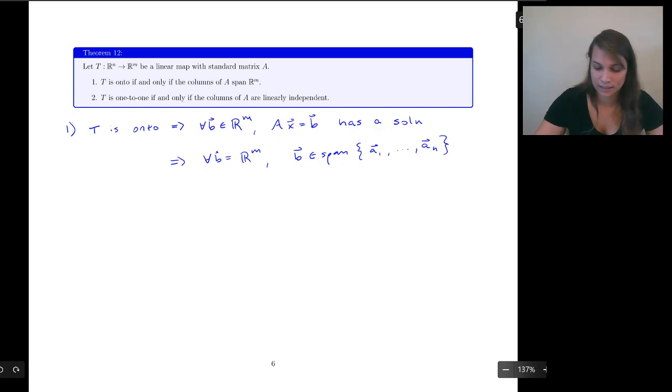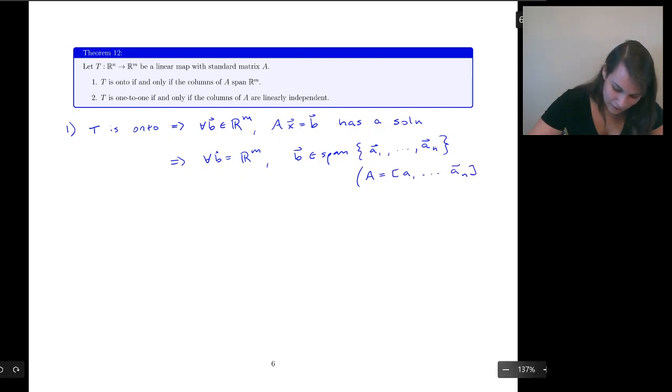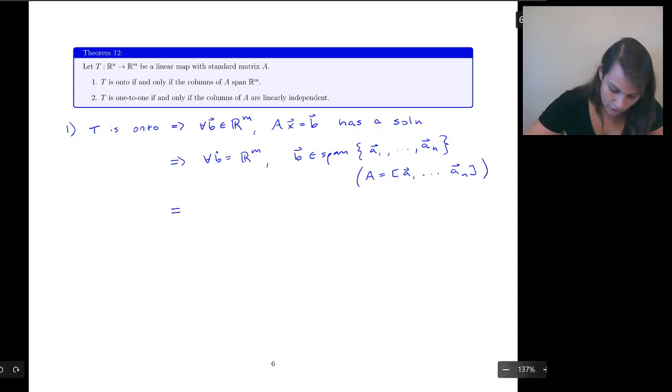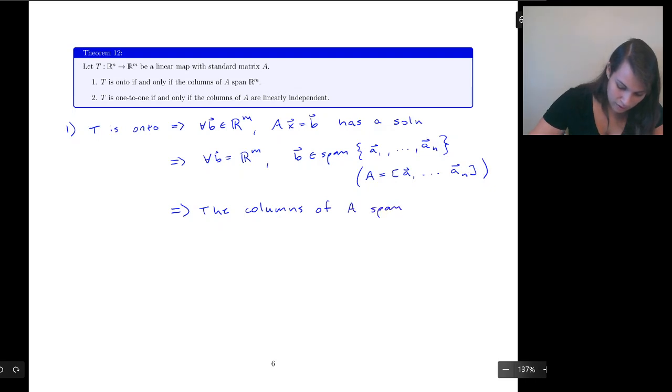Where I'm being lazy, I'll put parenthetically A1 to AN, so that you know that the A's are supposed to denote the columns of A. And then our handy dandy theorem, once again, the columns of A span Rm. Okay.